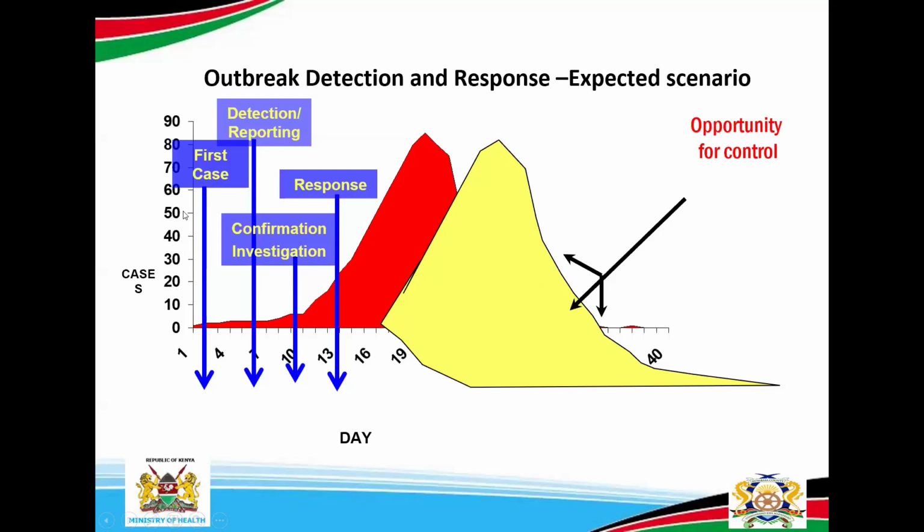But if your surveillance systems are working well, and immediately a first case is noted, you detect it and collect samples whereby you do the confirmation, and within a period of, let's say, 14 days, you know that we have this outbreak, then it gives you an early opportunity to come up with prevention measures.